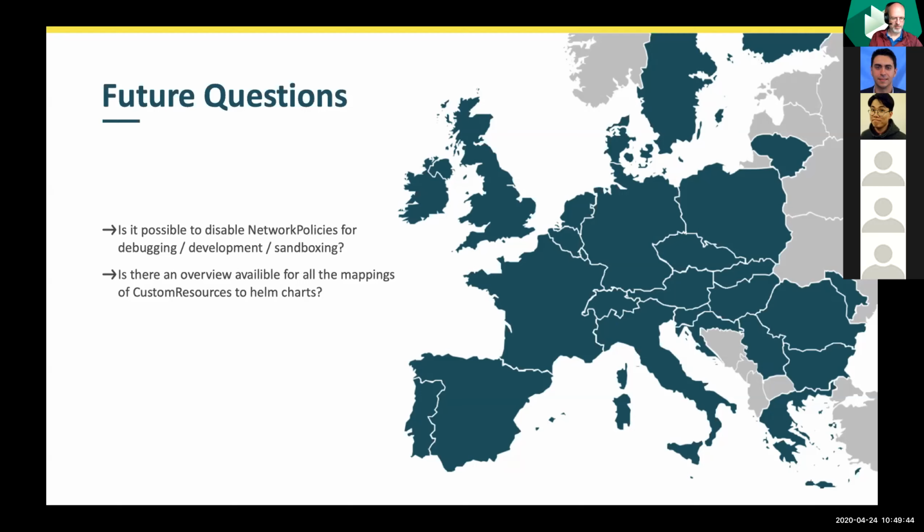That is one way you can do it. Your seed is basically also a shoot, and if you disable reconciliation in the control plane and for the control plane components, there will also be no network policies. Okay, thank you.